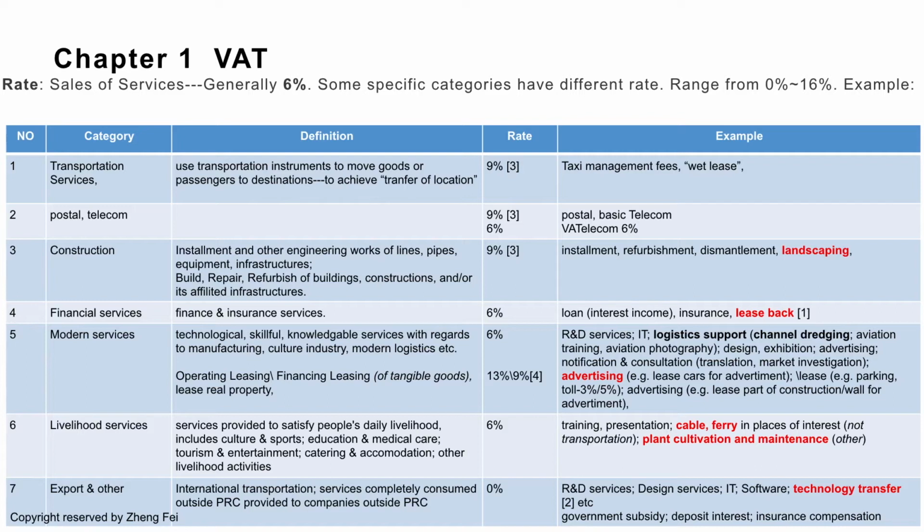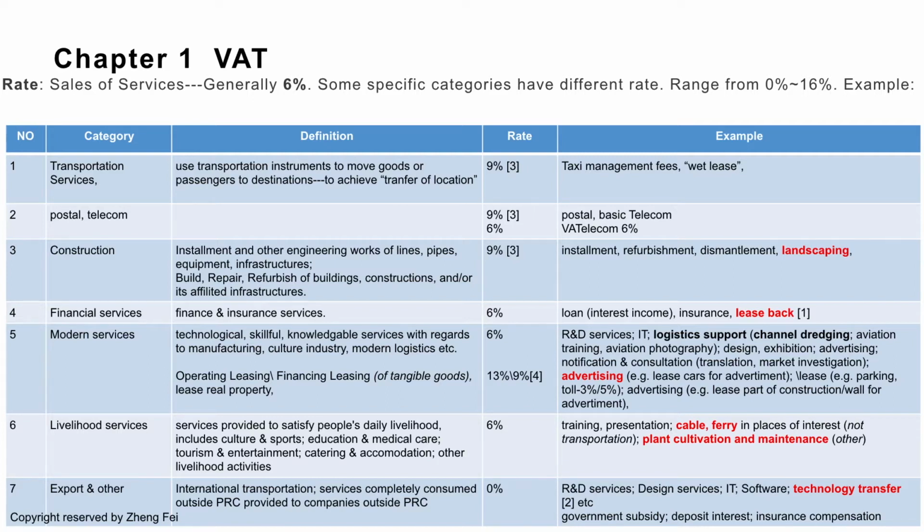For example, lease of part of the construction or wall for advertisement is also lease of real property, which has a 9% rate. However, for lease of parking, or toll, we can have a simplified method, which we will mention later.